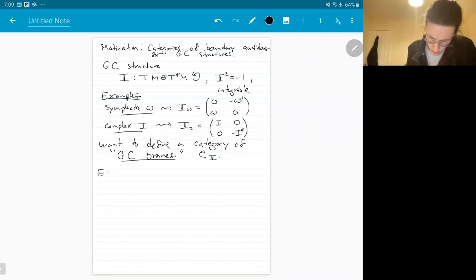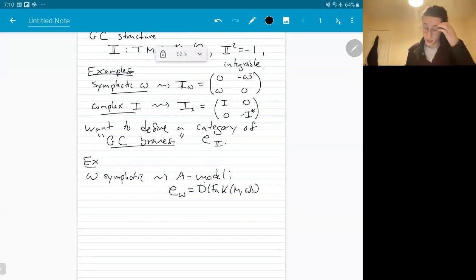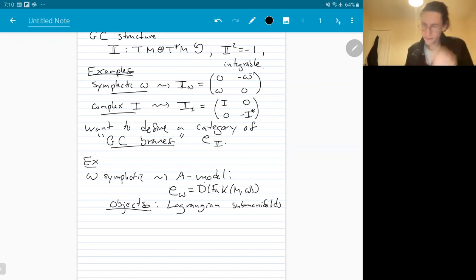So when we have a symplectic structure, this category of boundary conditions is called the A model, and the category is what's called the Fukaya category. In this case, the objects are Lagrangian submanifolds equipped with some extra structure like a local system on it.